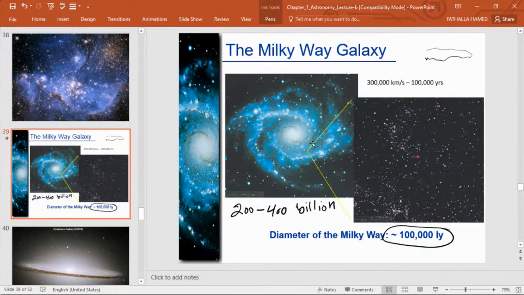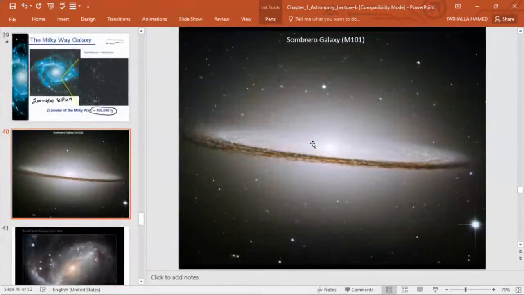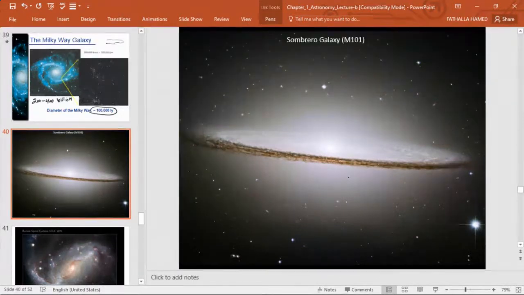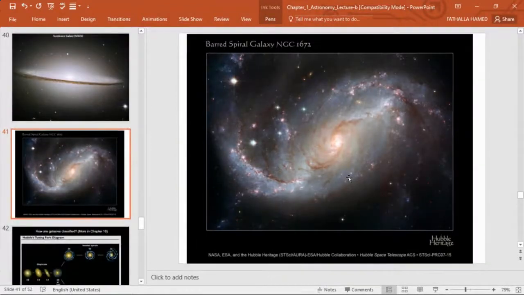Now, how did we actually get to know this? There is another galaxy that you can see here, and from this galaxy, we can get ideas. There are other different types of galaxies, like this barred spiral galaxy, which is given some letters and numbers, and that's the way astronomers sometimes refer to things.